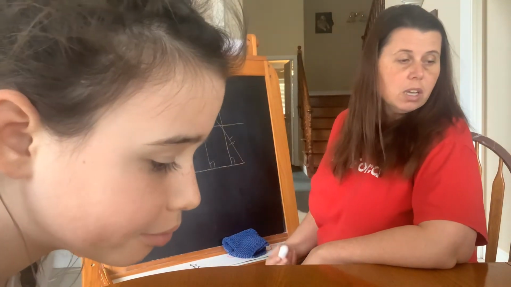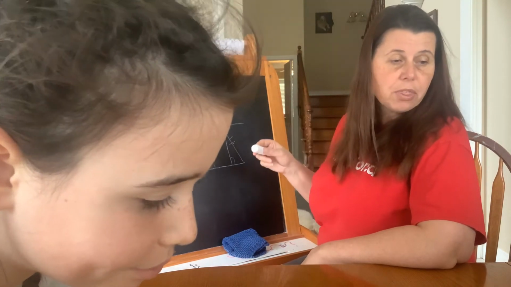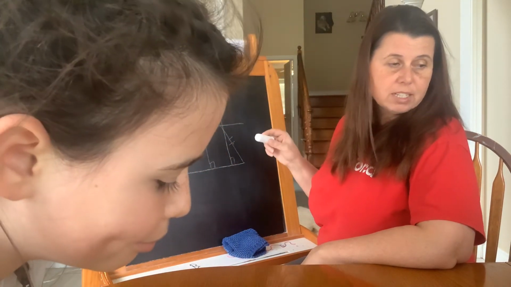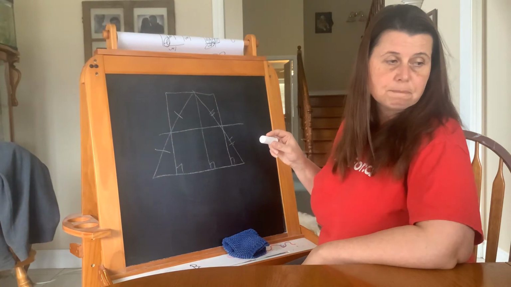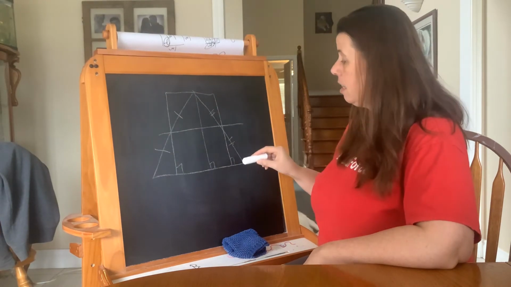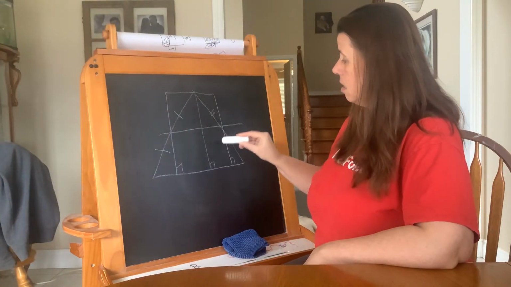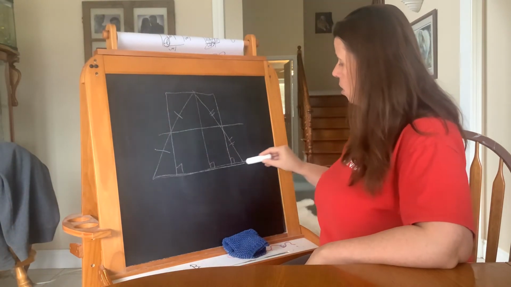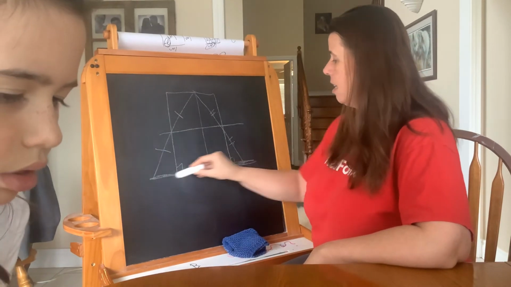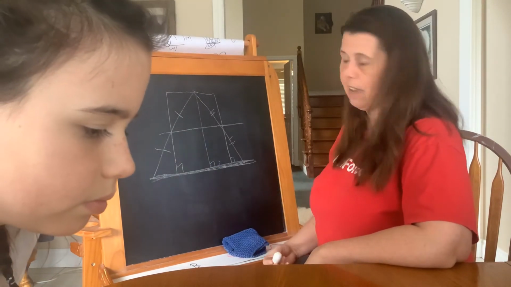What is the width of his rectangle? What is the height of his rectangle? So this versus the whole thing. Now my drawing's not to scale, but it's supposed to be half.